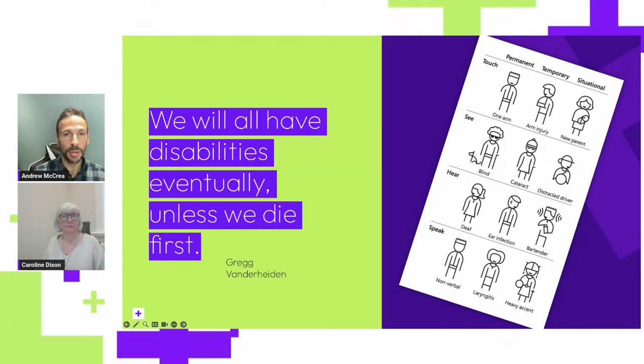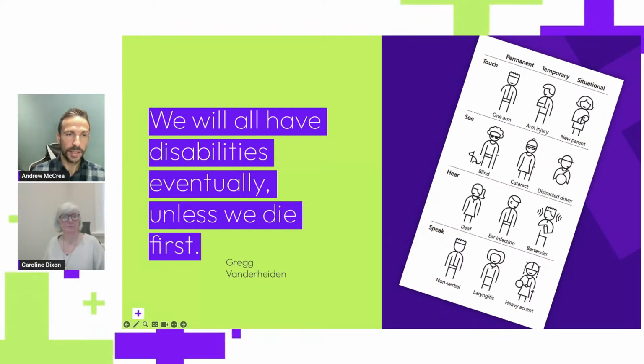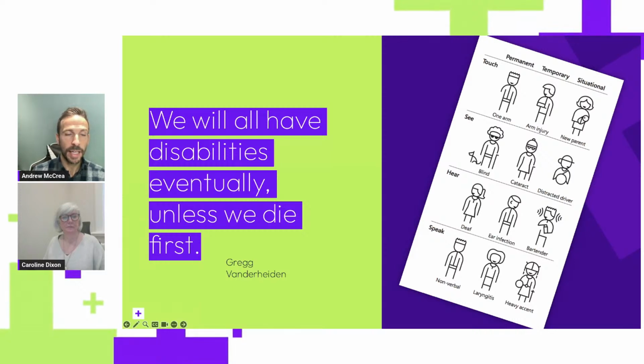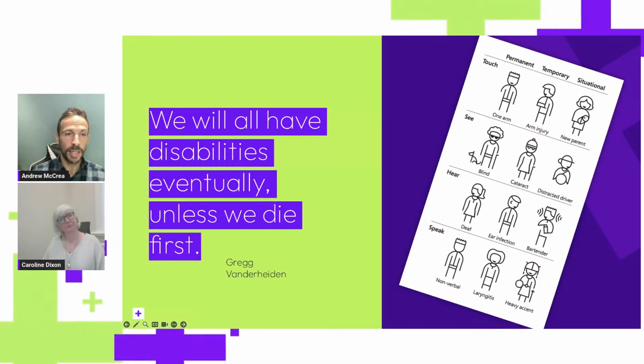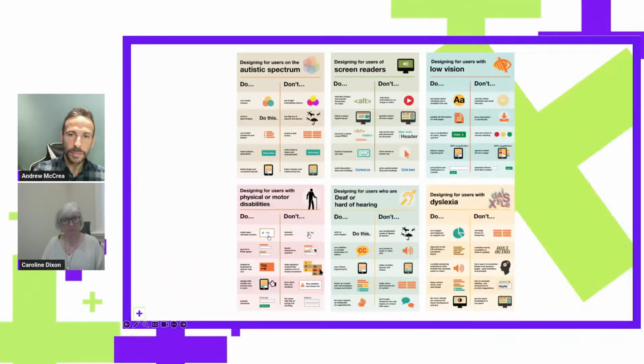And we have to think about people who are not only permanently disabled, which affects their ability to use technology, but are they temporarily impaired? Or are they impaired by a situation that could be the environment they're in, the people they're with, or the country they're in, for example.